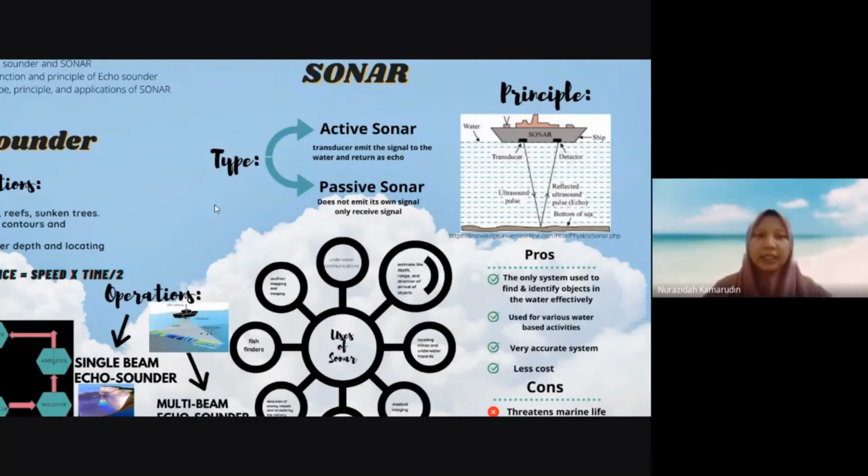This high frequency signal will travel until it strikes the bottom of the water. When the signal reaches the bottom, it will bounce back to the transducer, and the transducer will detect the signal.